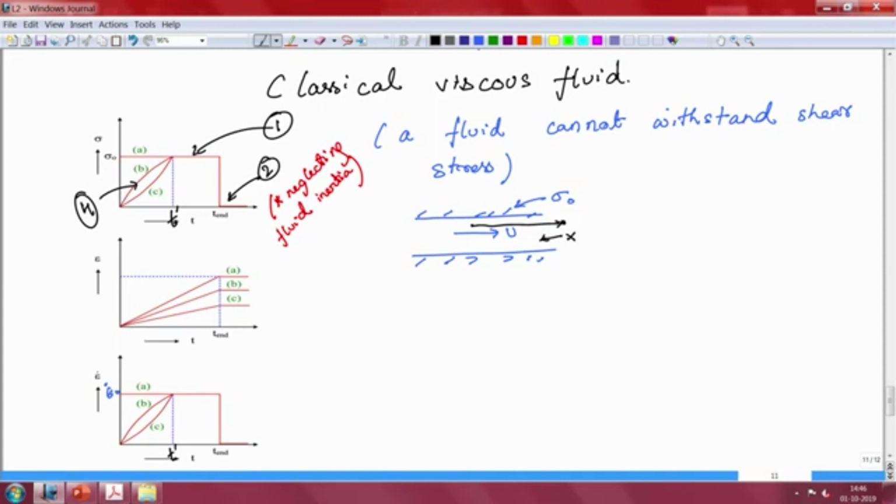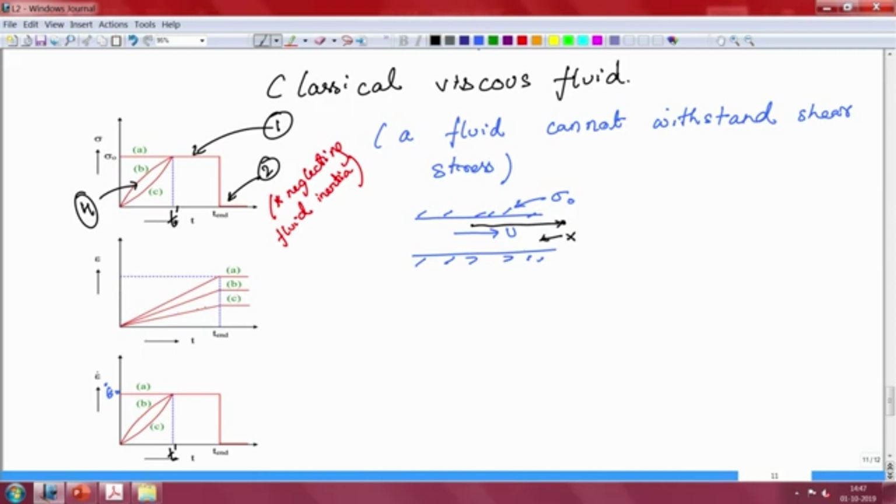So, sigma naught you are reaching through different stress histories, and 3 possible ones are shown here, A, B and C. In that case, the strain rate will also reach the previous value through different strain histories. How it reaches the value will be different, but it will still reach the same value at end of T dash. When you look at the strain diagram, that is when you start seeing that the 3 cases are separate in terms of the strain.